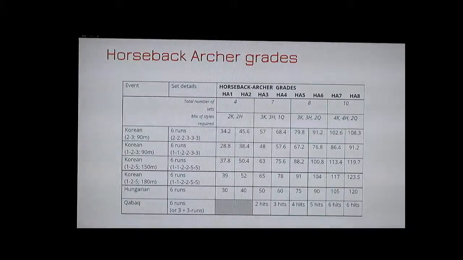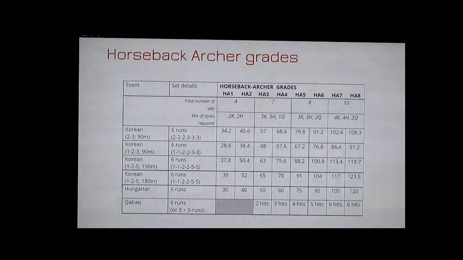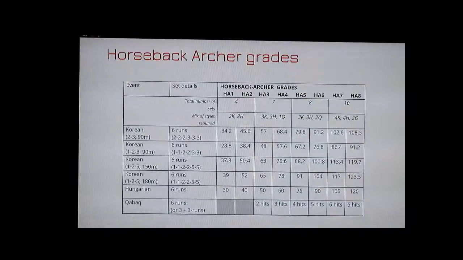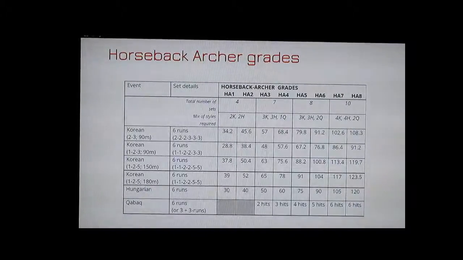You can then submit those scores either for student grades or for horseback archer grades, or for both, because it may well be that you've scored something that qualifies you for horseback archer grades and for student grades, and as I said earlier, you can submit the same set of 6 for as many grades as it qualifies for.